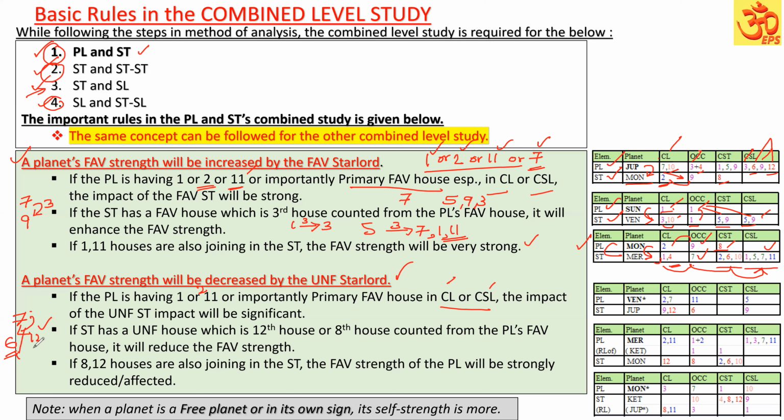Similarly, the 8th house to the 7th house is what? 2nd house. The 2nd house is the 8th house to the 7th house. It indicates that 7th house matters are going to face some obstacles.